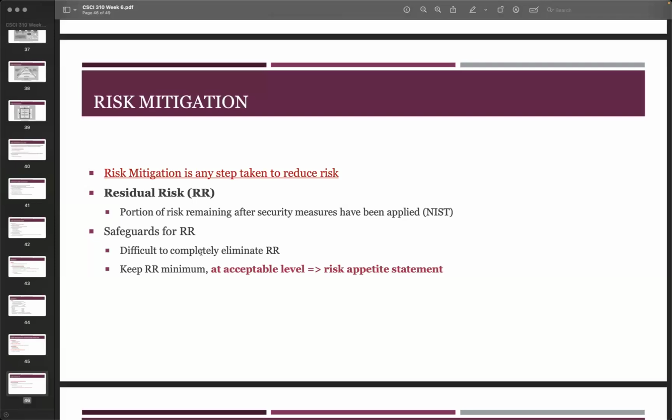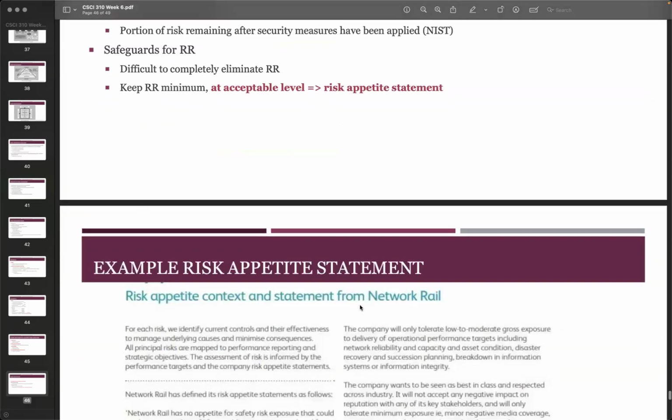We need to accept one thing: when we take this action or increase the security level, we still have risk remaining. So we need to know these things. It's not possible to completely eliminate it, so we need to keep it to a minimum, at a certain level lower than the risk itself, then it's okay.